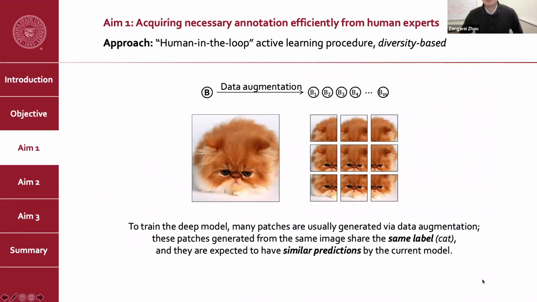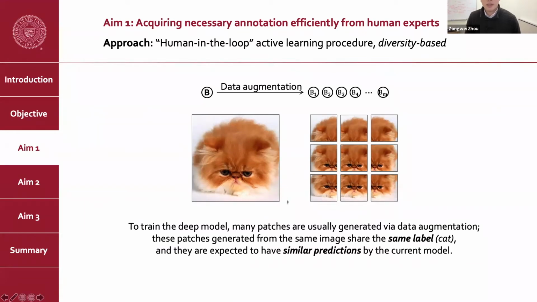So our contribution is to compute diversity more efficiently with the help of data augmentation. As shown here in the figure, data augmentation refers to augmenting multiple patches from the original image. This approach is widely used in medical imaging and also computer vision because we usually do not have enough training data.